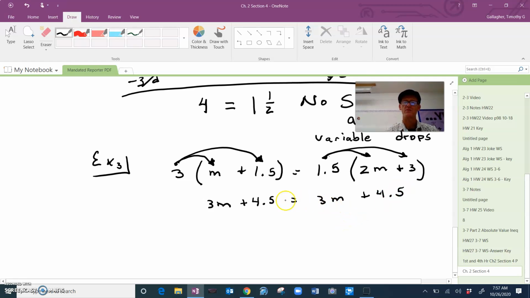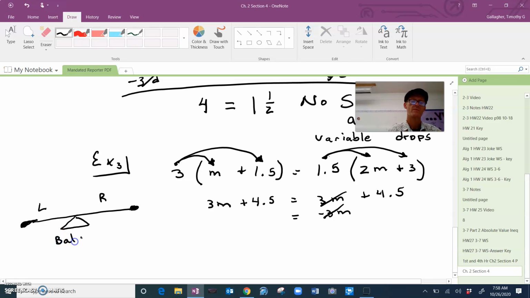Now I'm going to do the same thing: subtract the variables. This time it's 3m, and I use the opposite term, so it goes away. Now I have to keep the equation balanced. Remember, it's all about that balance. This is the left, this is the right, and you've got to keep things balanced. So I subtract 3m from both sides.